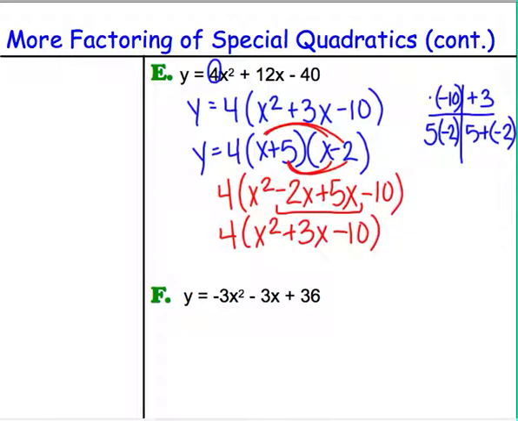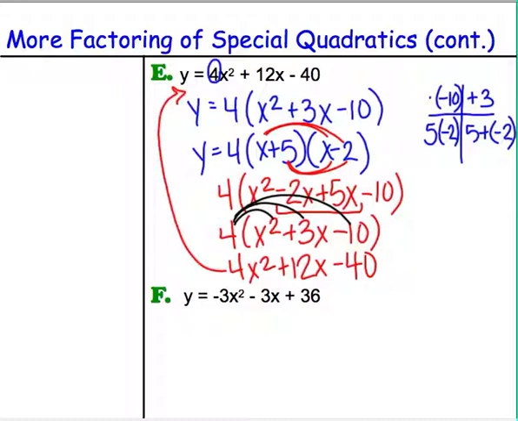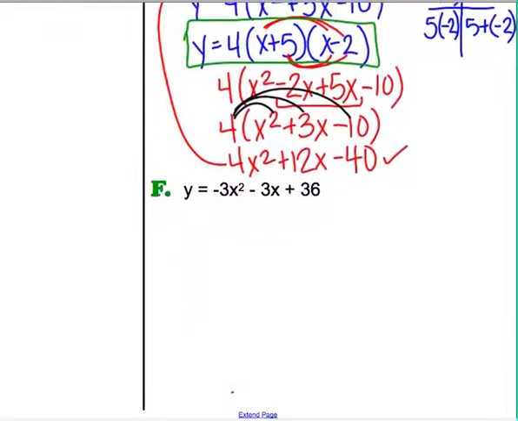And when I distribute that 4 into all three terms, I end up with 4x squared plus 12x minus 40, which is exactly what I started with. Checked off that it works, and I make sure that I mark that this is my final answer. Moving on to the final example for today.